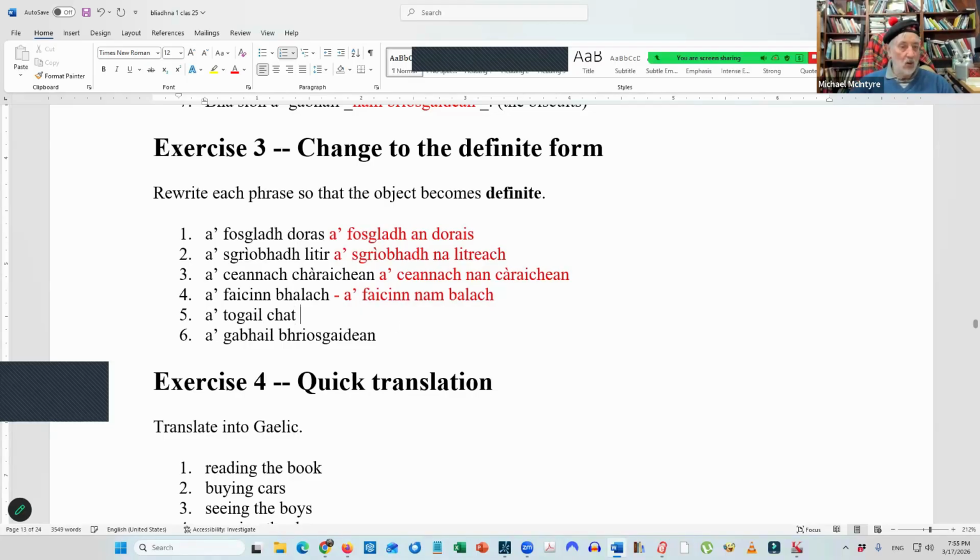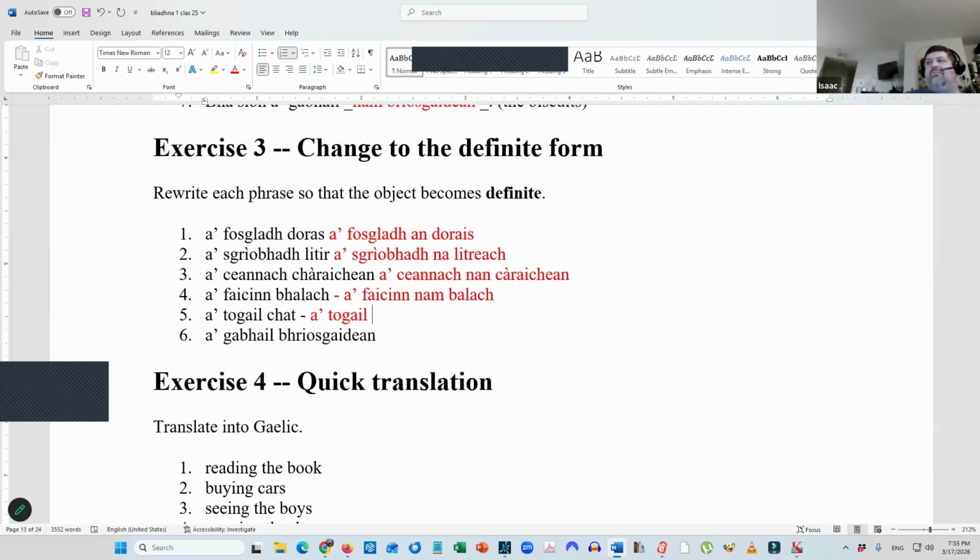A toko kat. So we want to lift the cats. A toko. So remember the plural for cat is kach. So it doesn't take the an ending. And so then we go back to the stem, the singular.